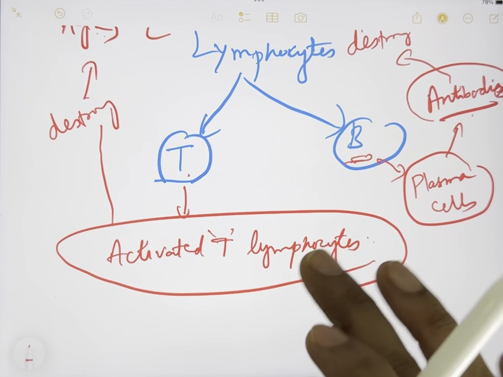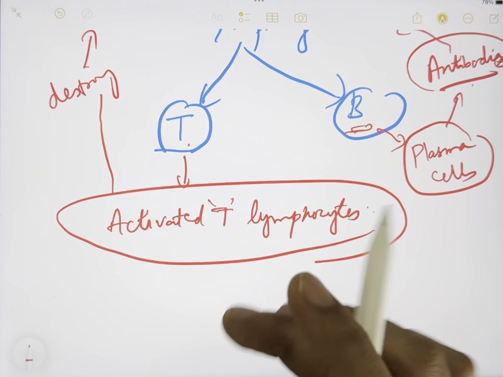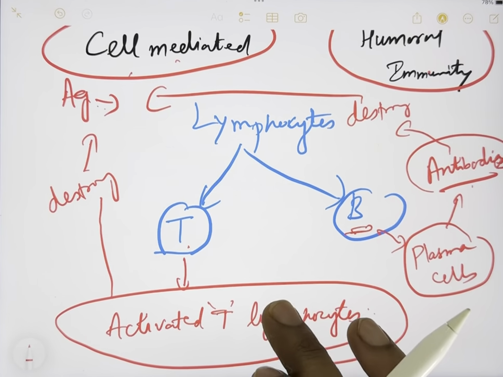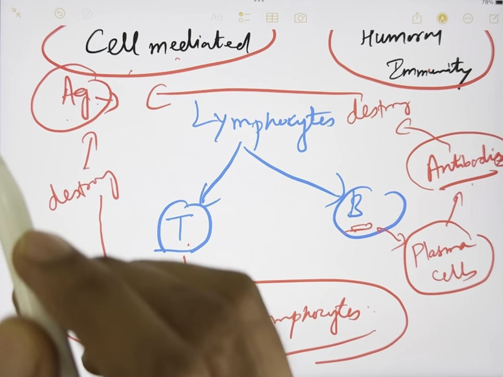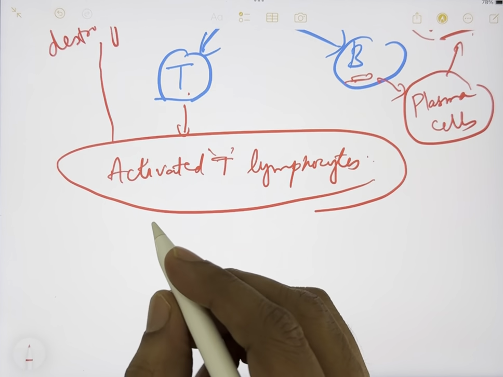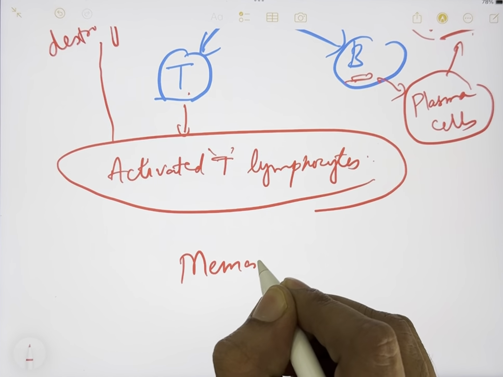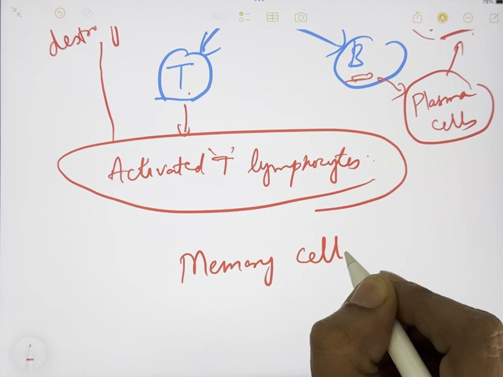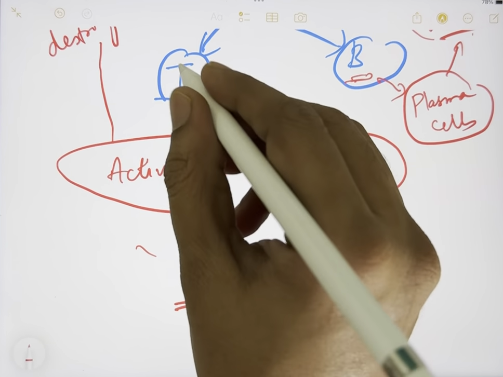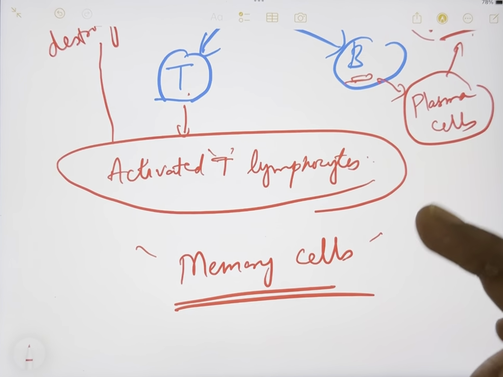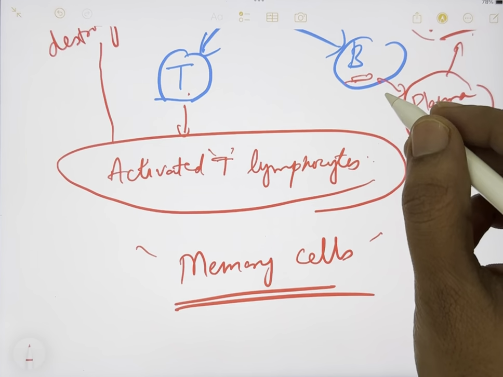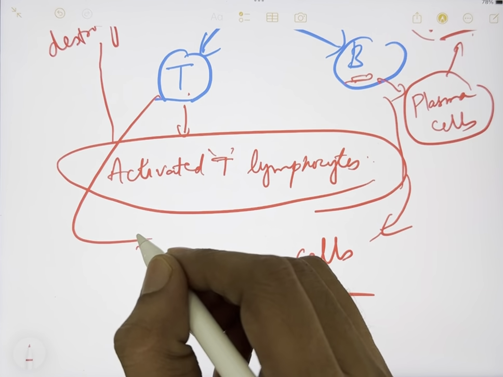While there is activation of T lymphocytes and B lymphocytes with the stimulation of foreign antigen, there is production of memory cells, either memory T cells or memory B cells. In both cell mediated and humoral immunity, there is formation of memory cells.